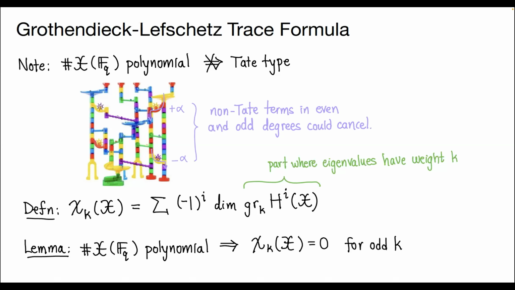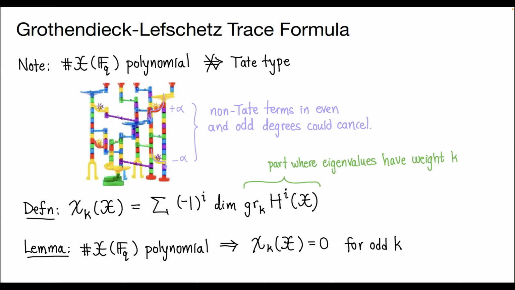Right? Think about this polynomial, that's a sum of even weight terms. I'm saying if there's anything odd weight, it must cancel itself out. So our goal, if we want to prove that the point counts are not polynomial, would be to show that some odd weight Euler characteristic of M_{g,n} is non-zero.